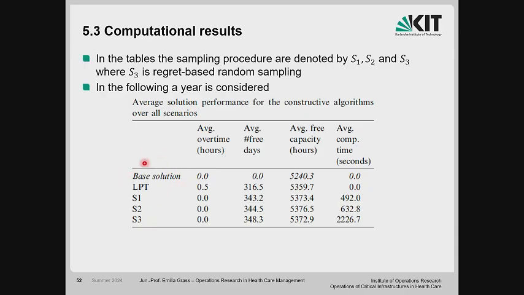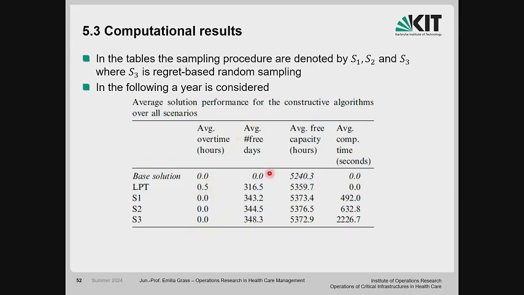The base solution is what the hospital has used, and LPT is longest processing time first. Based on one year of data, we can see here the average overtime. This is actually pretty good, maybe except for the LPT.